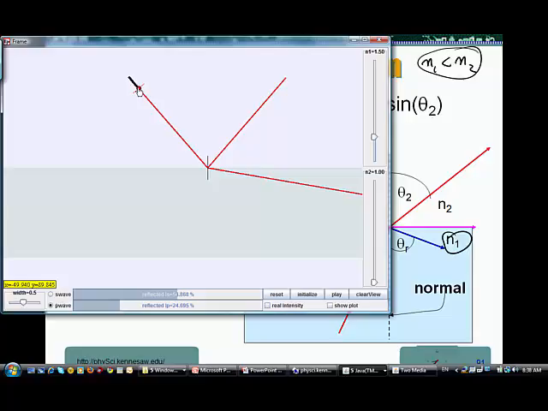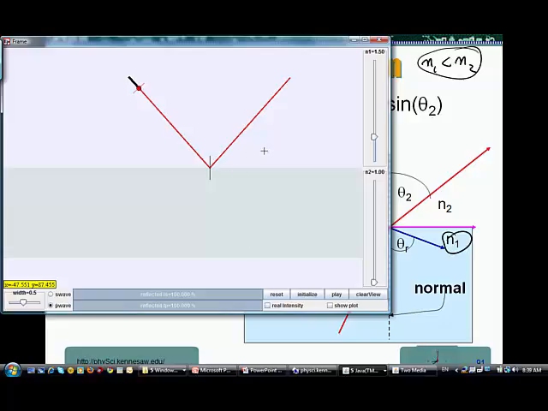Notice that there is one point where suddenly there is no more light going into the other medium. Now, theta sub 2 is large, and then it becomes equal to 90 degrees. At 90 degrees, I don't have light going in here anymore. And in this particular simulation, they stopped from showing it.